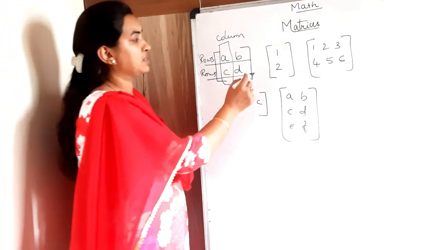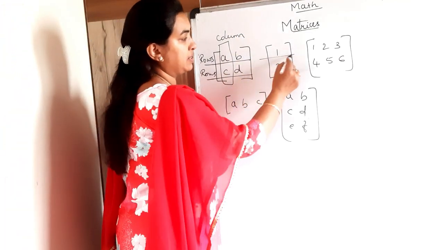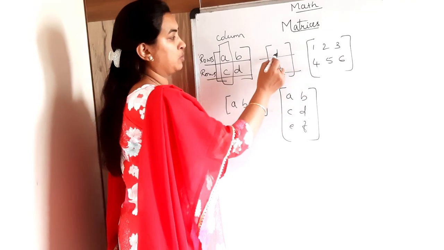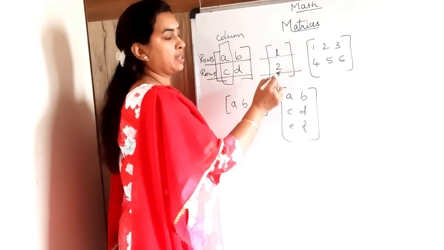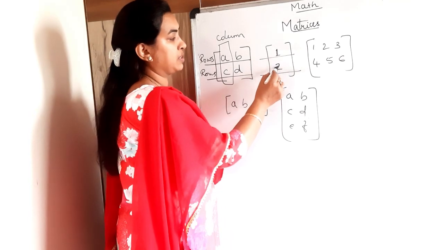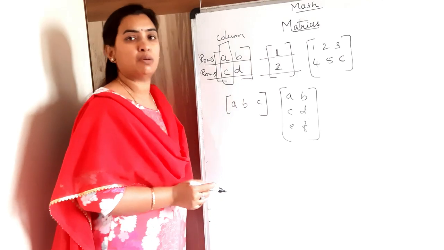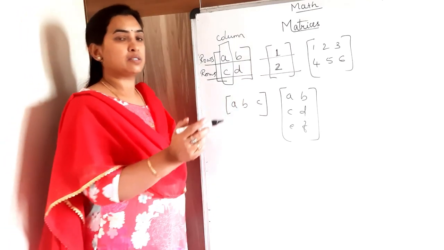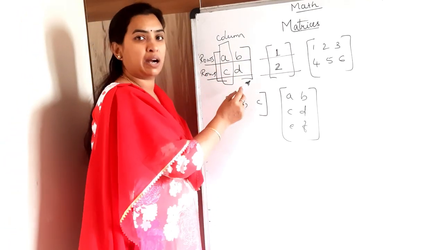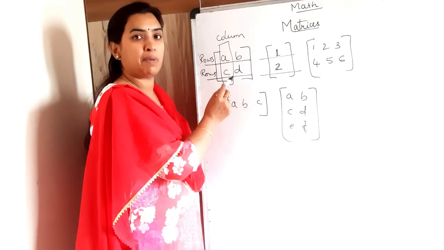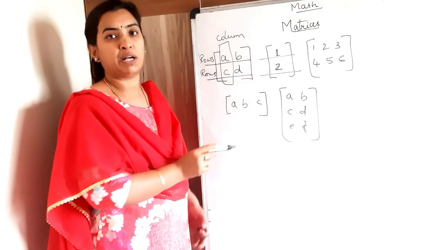Okay. So in this second example, this represents the rows. One represents the element in the first row, two represents the element in the second row, and both 1 and 2 are the column elements. Each entity in the matrix is called an element.